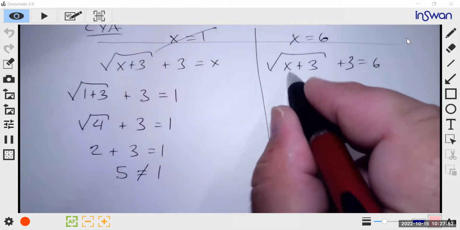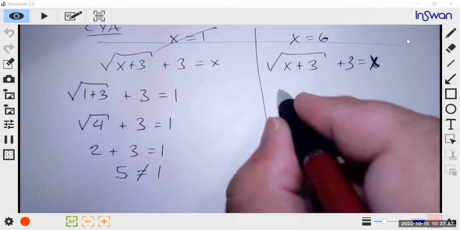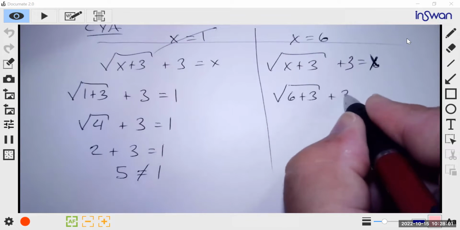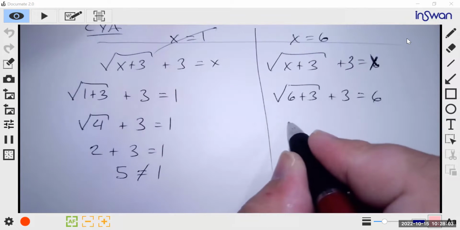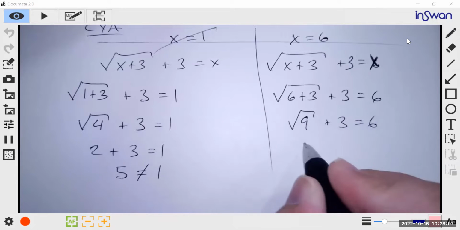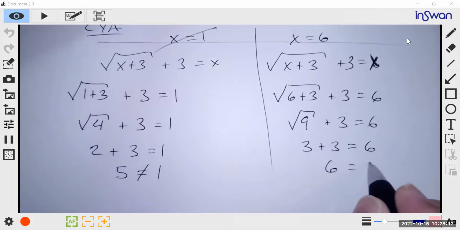And we check the second one. When I see an x, I put a 6. So the square root of 6 plus 3 equals 6. Square root of 9 plus 3 equals 6. Square root of 9 is 3. 3 plus 3 is 6.